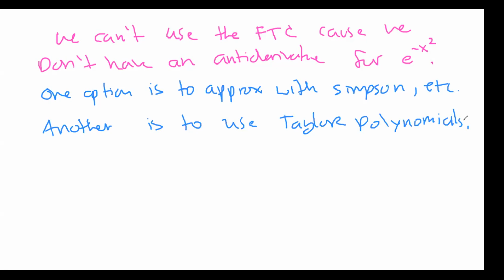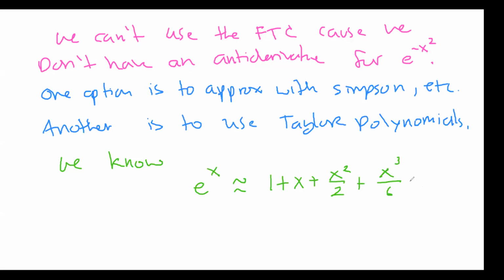Before we go to Desmos, let's say something. We know that e to the x is approximately 1 plus x plus x squared over 2 plus x cubed over 6. So we'll use the third order Taylor polynomial for this one.